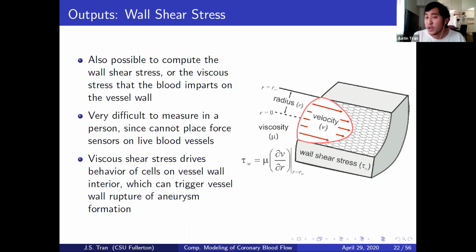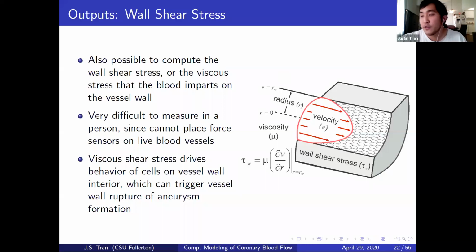They're lined with living cells, and those cells respond to the stresses they experience. So measuring this wall shear stress is one piece of the puzzle of predicting how your endothelial cells will react to blood flow.